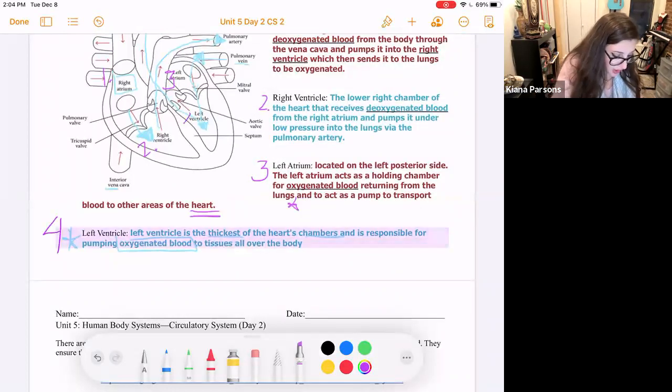So we have 4 chambers, left and right. And we also have ventricles and atriums. All right, and then at the bottom of your paper, it says there are valves located in places within the heart. These valves are responsible for preventing backflow of blood.